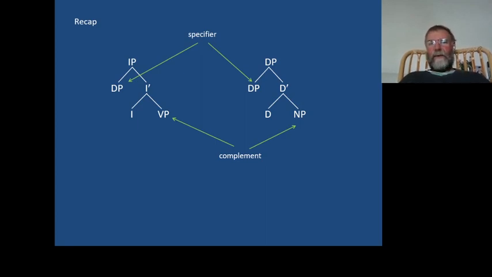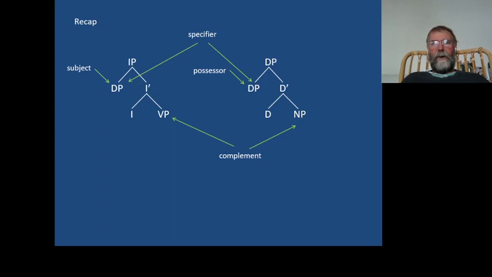They have various functions, and that depends on which phrase you're looking at. So, for example, in the IP, the specifier is the place where the subject of the sentence sits. But in the DP, that's the place where the possessor sits. Okay, so that's a basic recap of what we've said about particular phrases and how X-bar theory analyzes those.